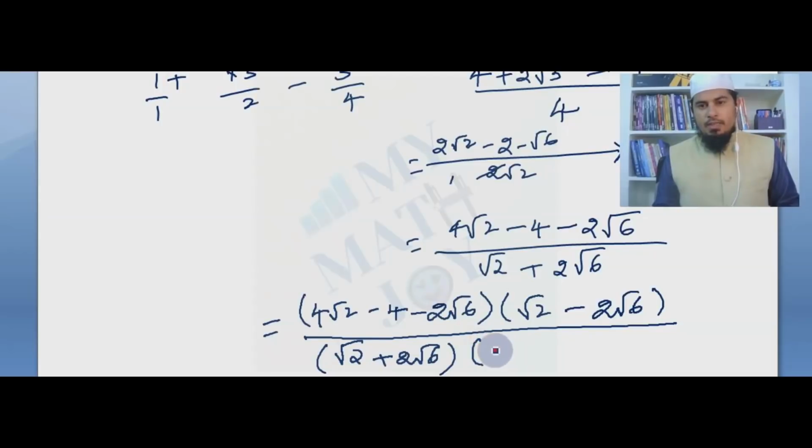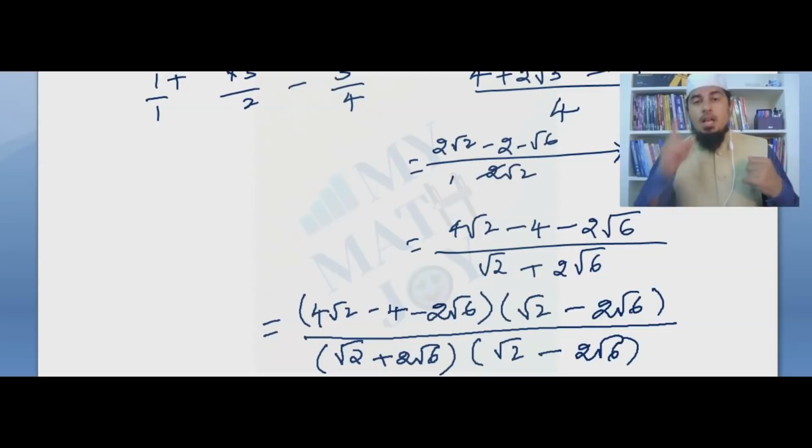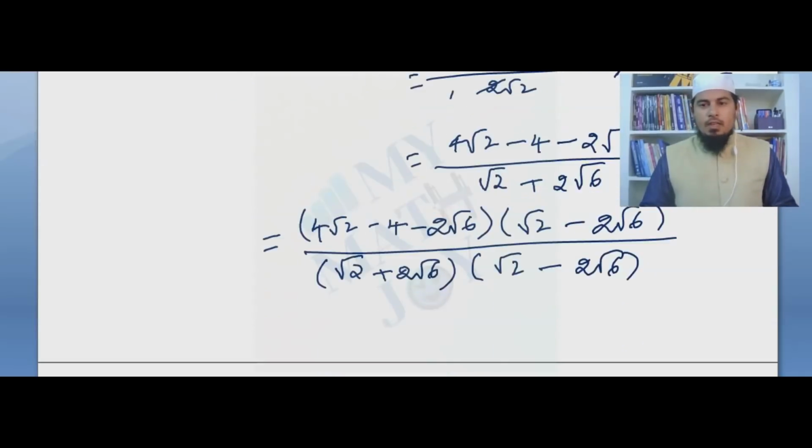Because the denominator exactly comes in the formula a plus b times a minus b, and it will become a square minus b square, and the squares makes the under root to be cancelled and we get a rational denominator. Okay, so numerator we can keep as it is, but we'll simplify that also.